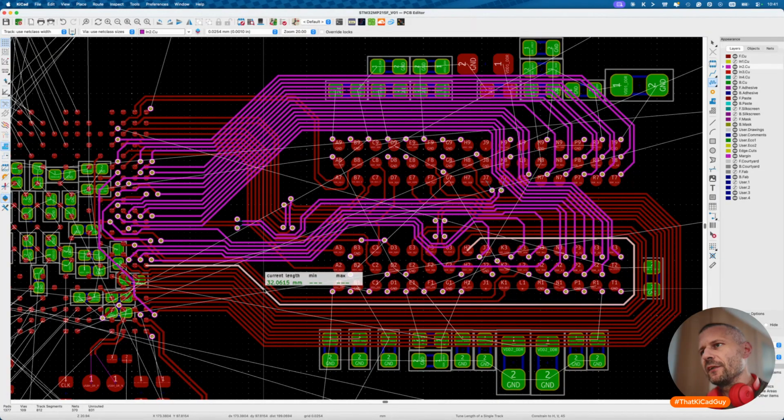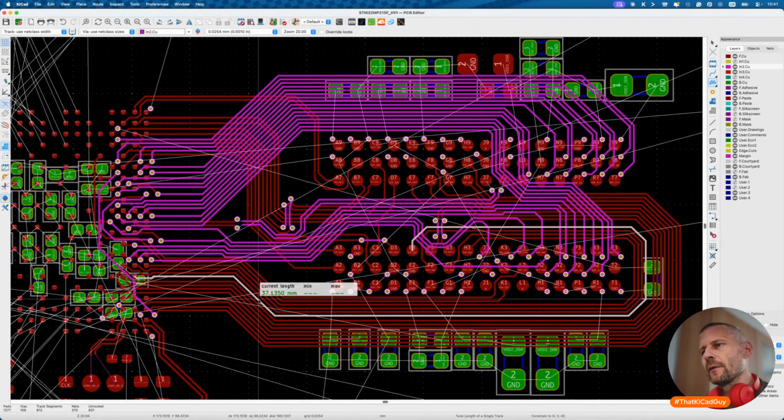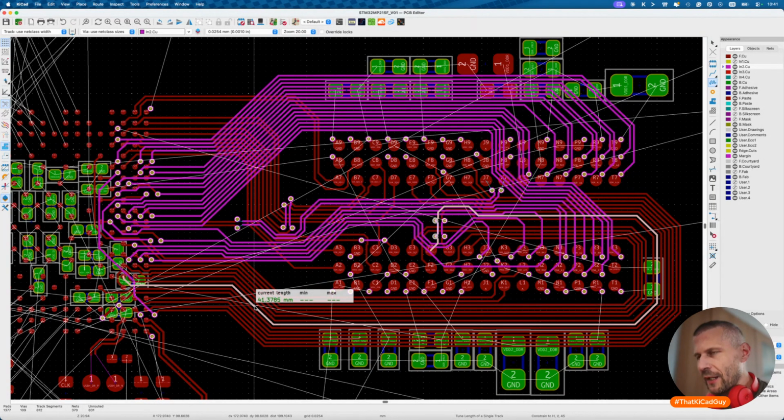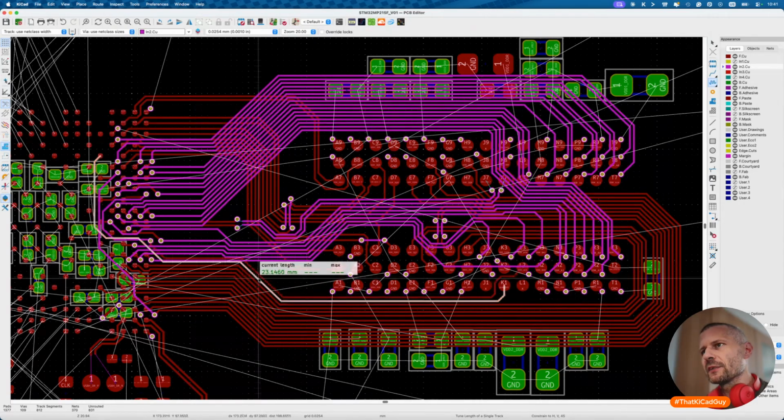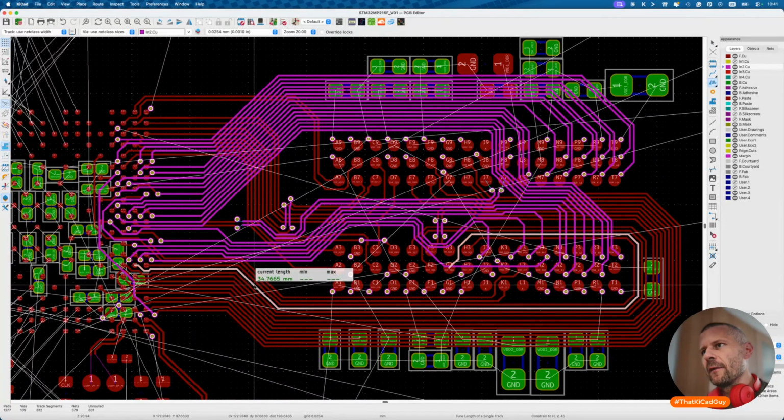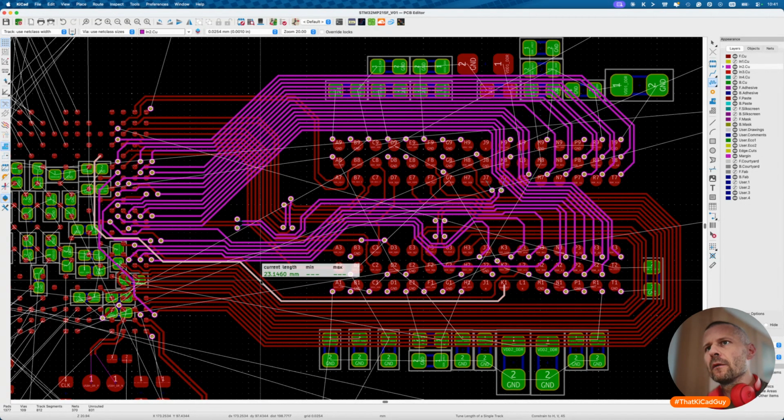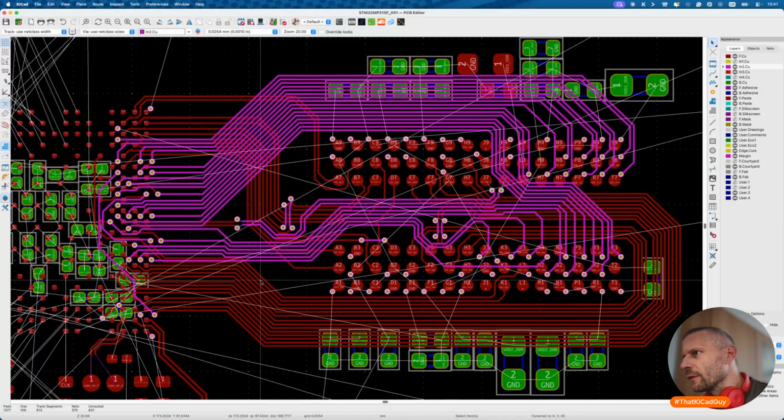26, 23. So we said 48 is the longest and shortest. 23. Yeah, 23. It's really short. But what is it? Yeah, ODT.